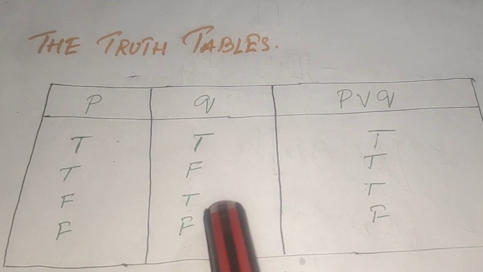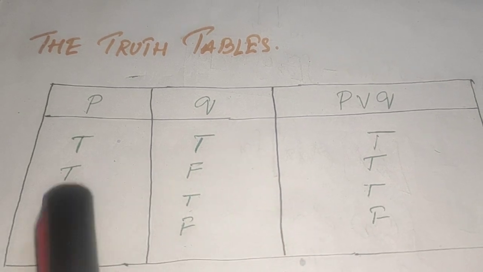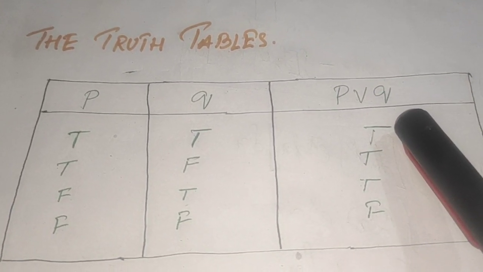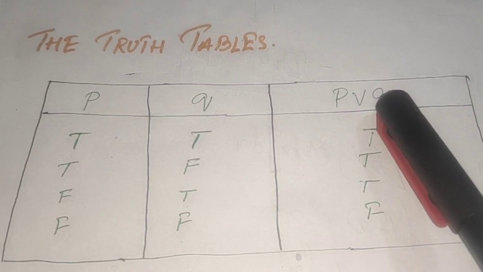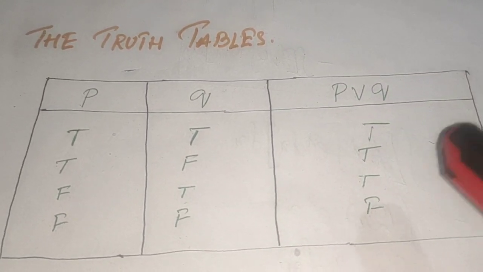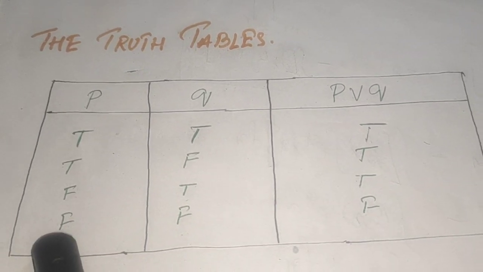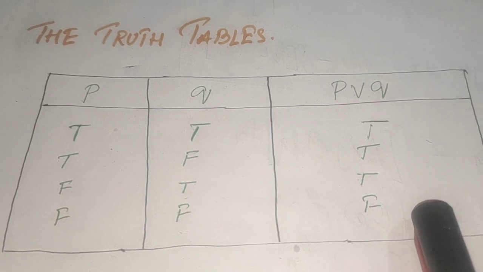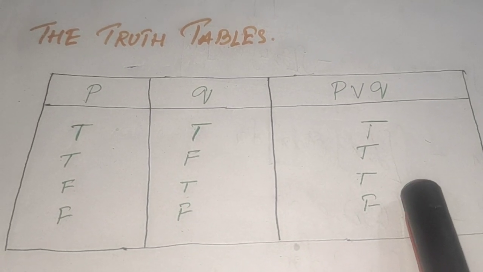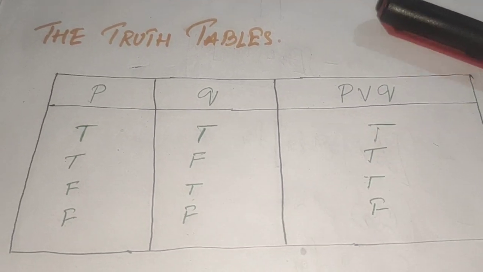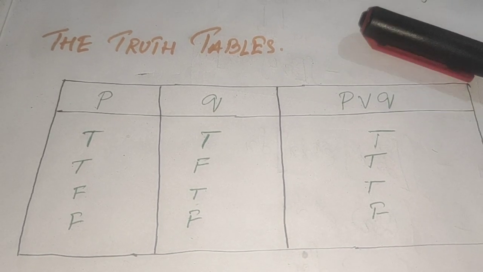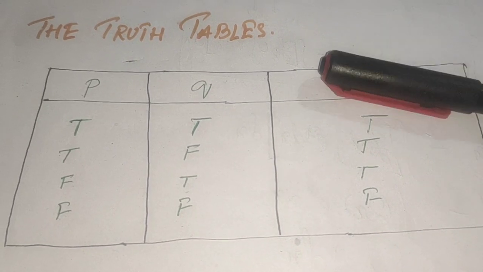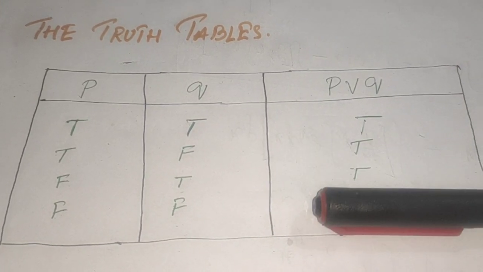If P false and Q true, then also the compound statement P or Q is true. And if P false and Q false, then only the statement is false. So in case of the or connective, or disjunction, there are three true values and one false value.